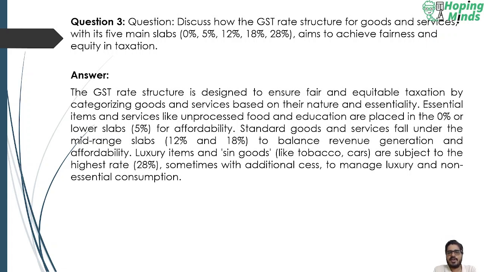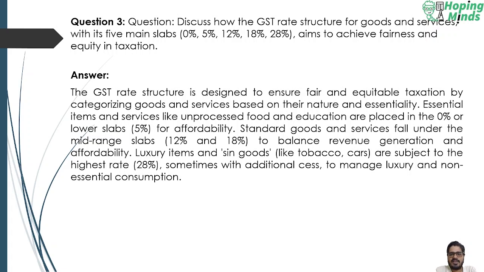So the GST rate structure is designed to ensure fair and equitable taxation by categorizing goods and services based on their nature, essentiality and affordability. Essential items and services like unprocessed food and education are placed in the 0% or lower slab, that is 5%, for affordability. Standard goods and services fall under the mid-range slab, that is 12% and 18%, to balance revenue generation and affordability.